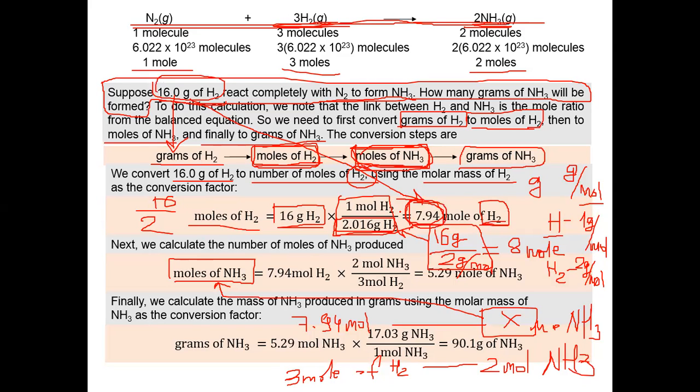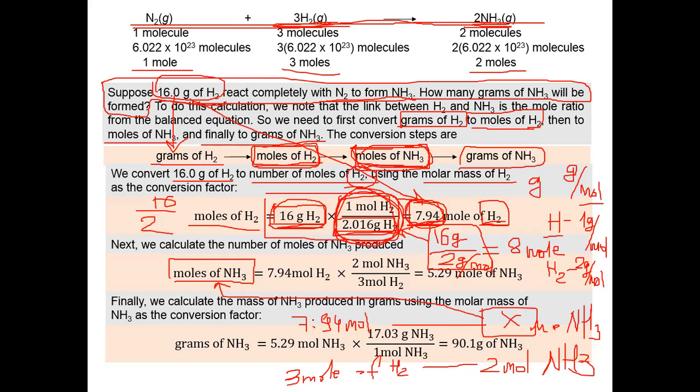We found it using this equation here: this is the given amount of hydrogen, and this is the molar mass of hydrogen. So we use the mass of hydrogen and the molar mass of hydrogen to find the moles of hydrogen. Is it clear?